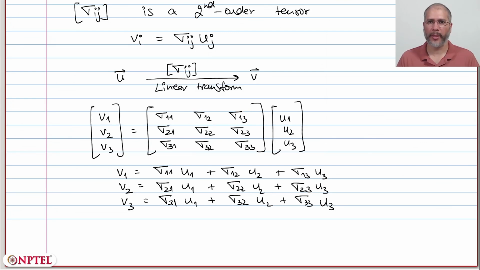So this is why this is called a linear transform. Components of v are linear combinations of the components of u. Now I have not told you why we are having a discussion on linear transformation, but it will become clear in a moment.